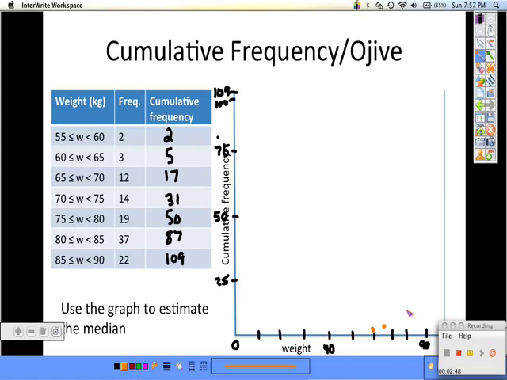And then 17, and I'm just making a crude sketch of what this ogive would be. Hopefully you would make this on graph paper and do a much nicer job than I'm doing.